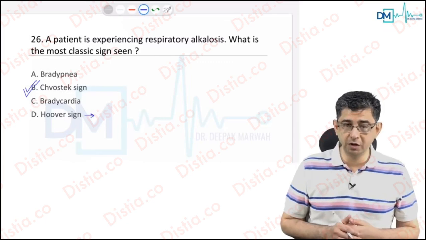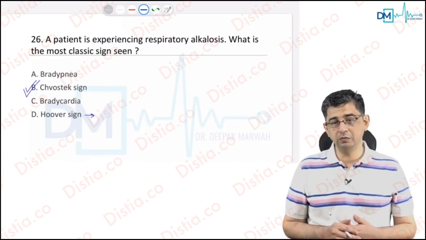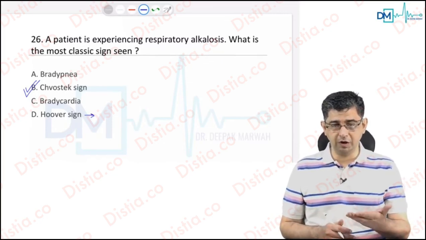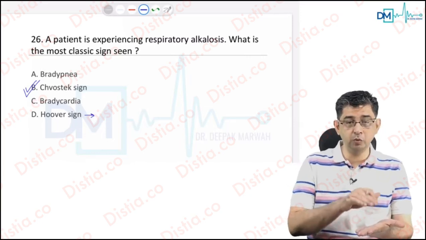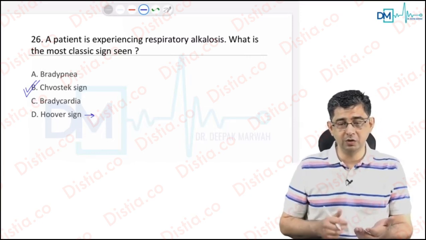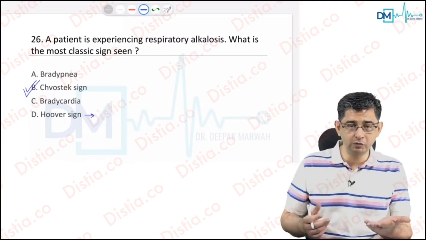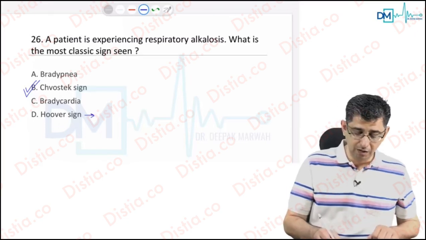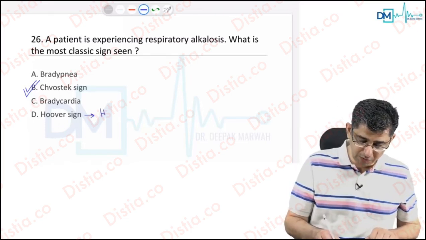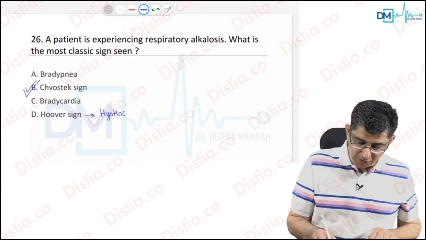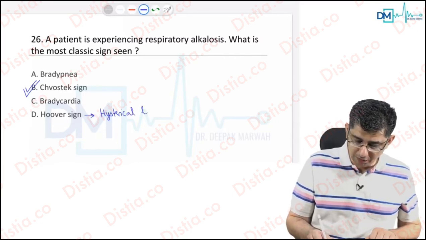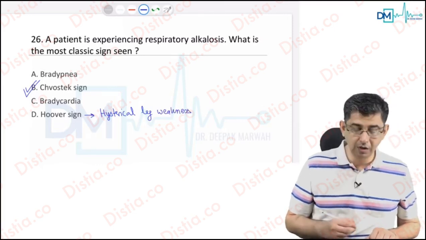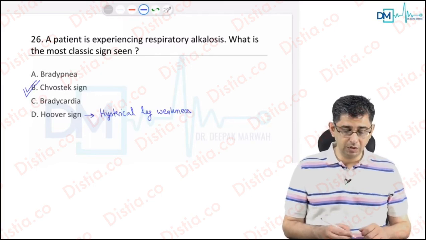If a person is having genuine weakness, then when he is raising one leg, he will try to push down on your contralateral hand so that he can raise the leg. He'll try to use your one hand for traction purposes. This evaluates genuine leg weakness versus hysterical leg weakness in a person. That is, a Hoover sign can be seen in the patient.